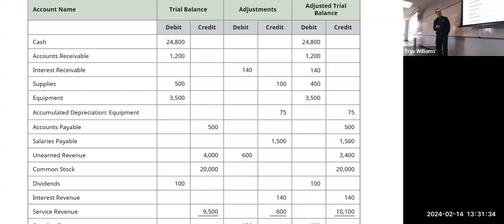And now we have $3,400 credit remaining. That's how much work we still have to do. You can see quickly and easily the relationships between these documents, right? Trial balance, the unadjusted, adjustments, and then adjusted trial balance. Okay.